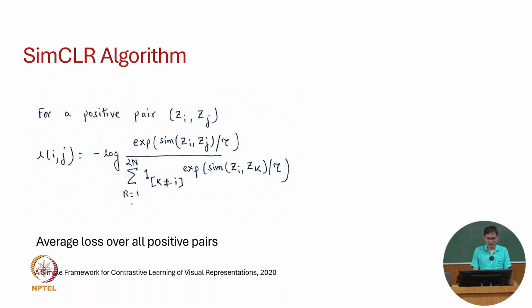Also, in the loss function, we see this particular term tau. If you remember, there are also some inputs we mentioned in the algorithm related to the loss function. So this is one of those inputs. It's called the temperature parameter.